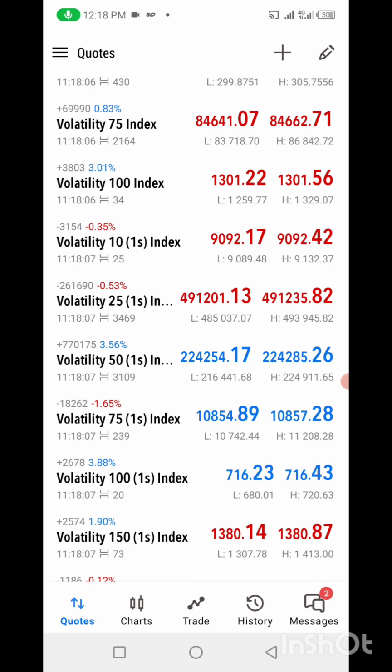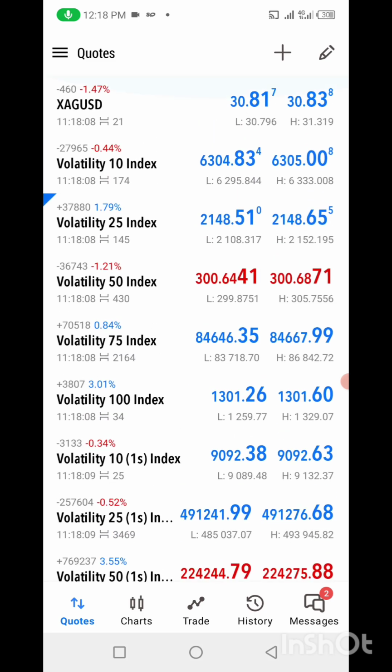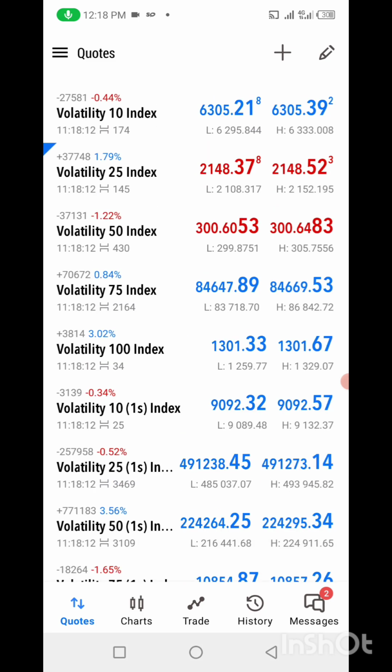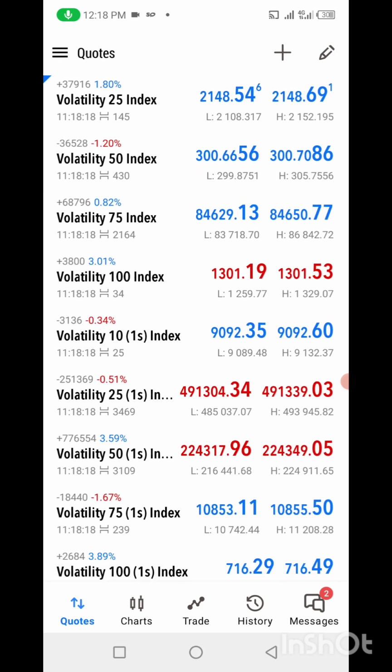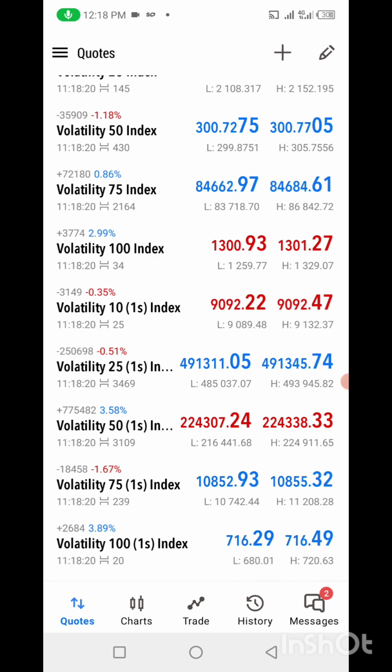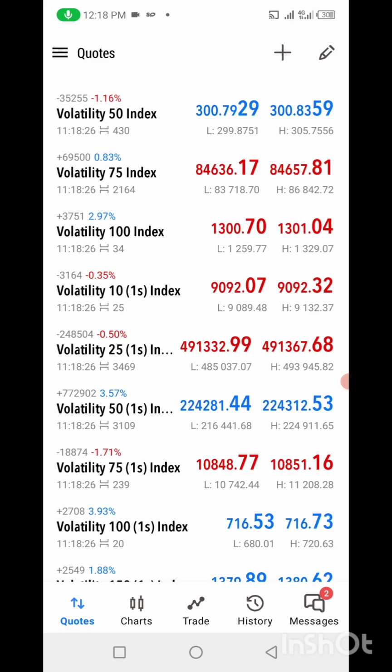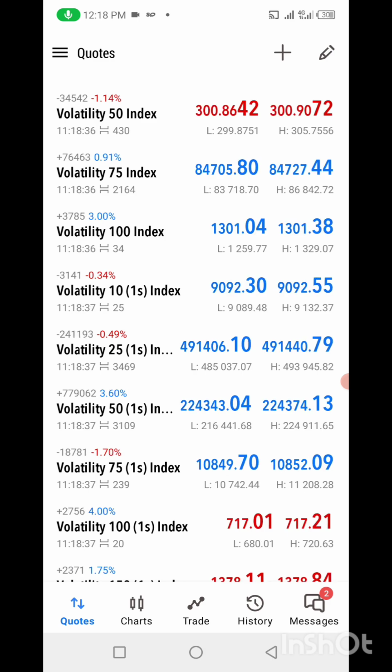When you see the quotes, the assets, and the bid and ask price, the current buy and sell price, you are an observer. Standing on Volatility 75 Index, the current price right now is 84,684.94.